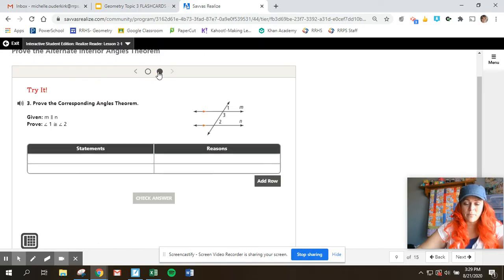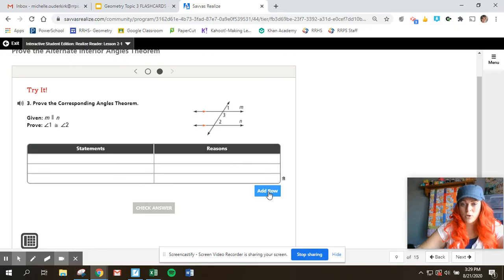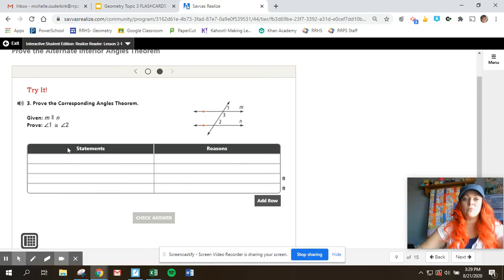There is another example, and they're going to ask you to actually do it yourself. And you can add as many rows as you need. Start with what's given, end with what you're trying to prove, and do not use the rule you're trying to prove. So angle 1 and 2, hopefully you remember those are called corresponding angles. You can't use the corresponding angle theorem because that's what we're proving.